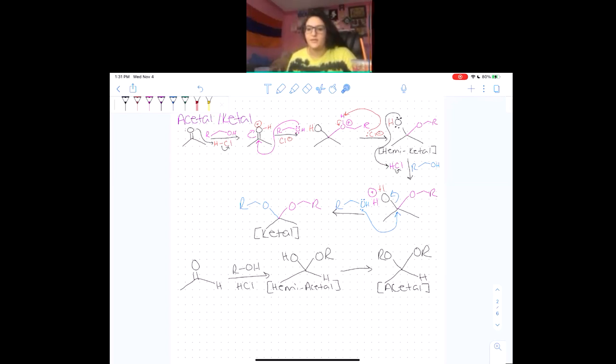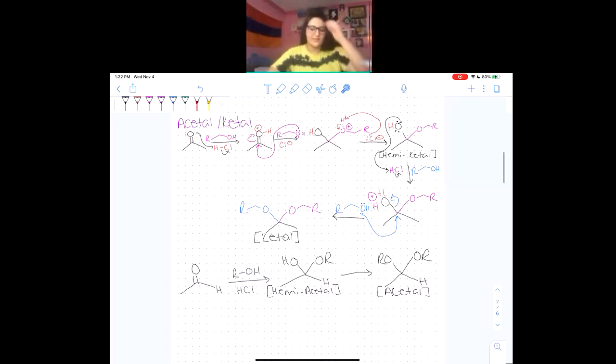Because I know we're kind of close to the exam, and I really like going over the mechanism, but if you guys are confused by that, let me know and we can just go over the summary. Okay, so one person said the mechanism is good for me, so we'll just continue like that, unless you guys have any objections.